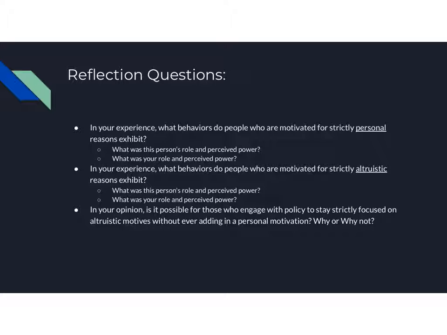Is it something that you observed, or is it something where you personally had an interaction with somebody else? And again, asking those same questions for people who are strictly motivated altruistically.